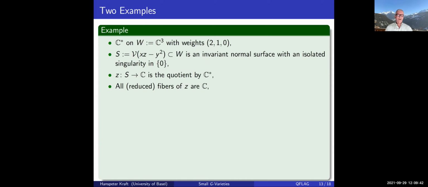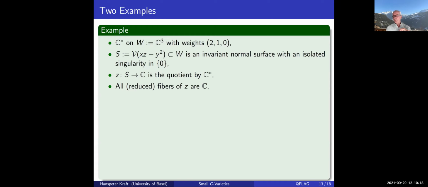And the interesting thing is, if you look at the fibers of this quotient, then you see all the reduced fibers are C. But there is a fiber which is not reduced, because you might remember if you have a morphism to C, where all the fibers are C, the schematic fibers are also C, then in fact it's a principal bundle.